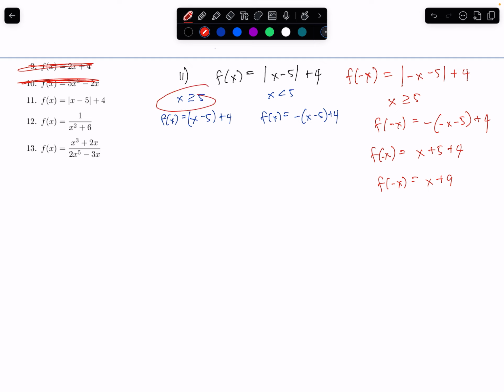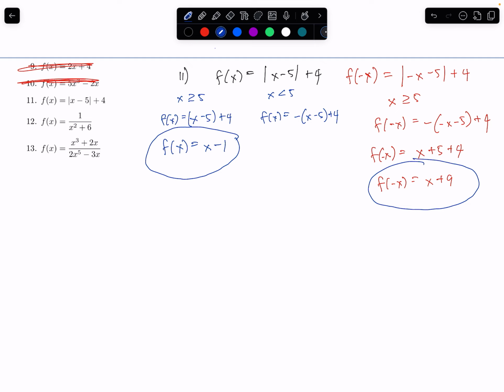For x greater than or equal to 5, let's do the same simplification. This would have been x minus 5 plus 4, which is x minus 1. X minus 1 versus x plus 9. Are those the same? No, so it's not even. Are they opposite of each other? No, so it's not odd. So it's neither.